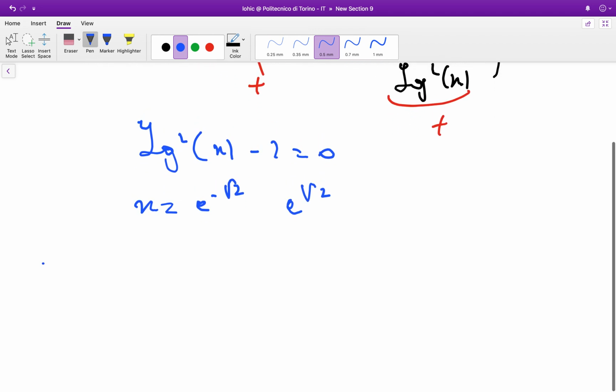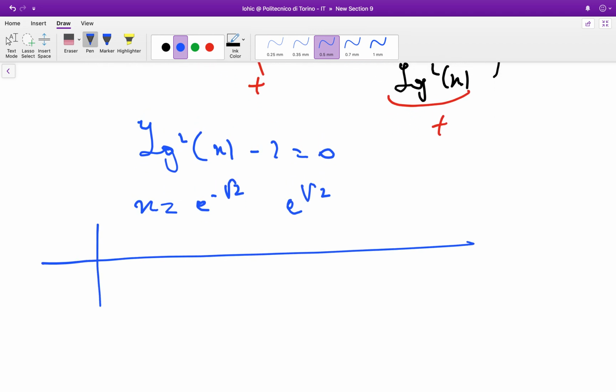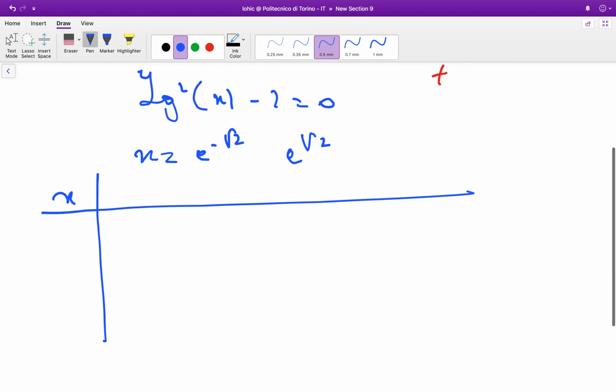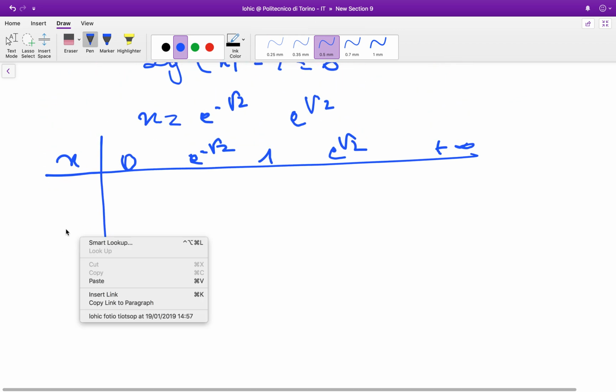Now we build up the table for the derivative as usual. So x, the domain was from 0, then 1, then plus infinity, right? Now exponential of minus root 2 is somewhere here, and exponential of root 2 is somewhere there. Doubts?